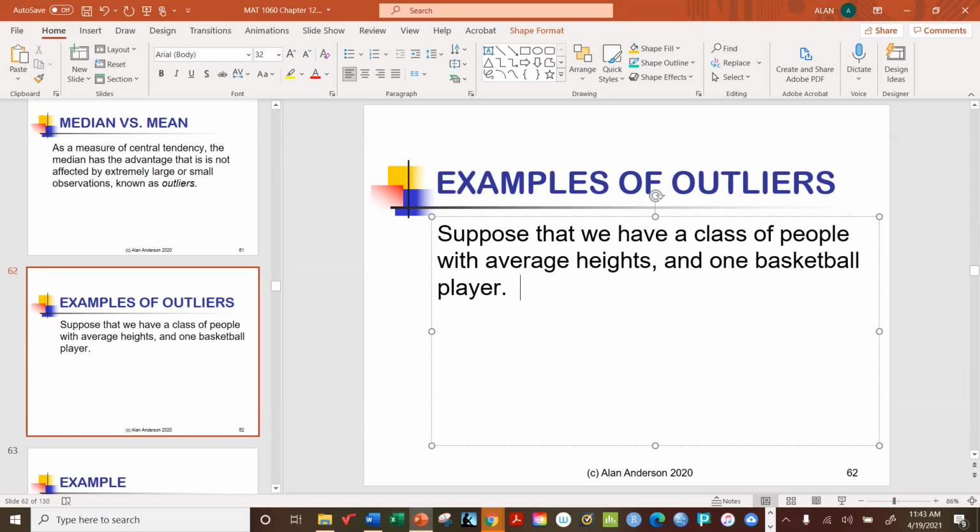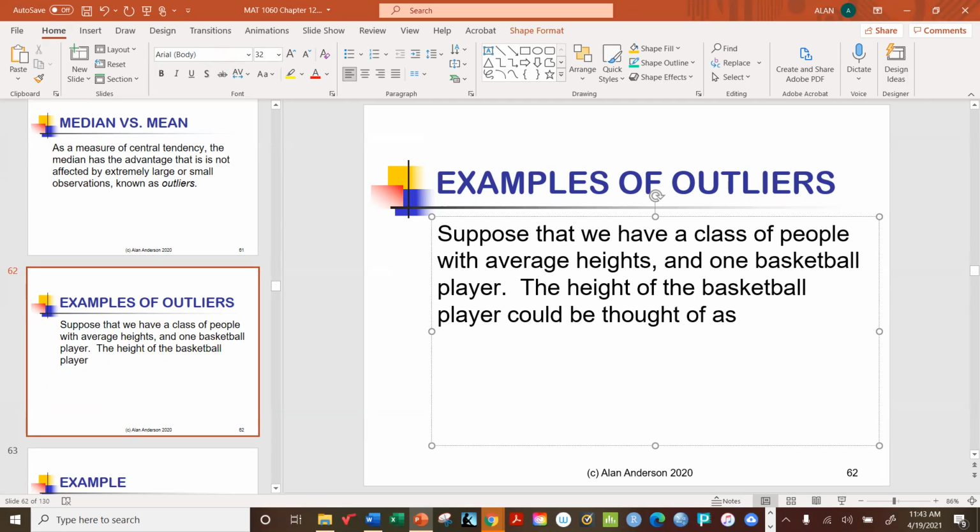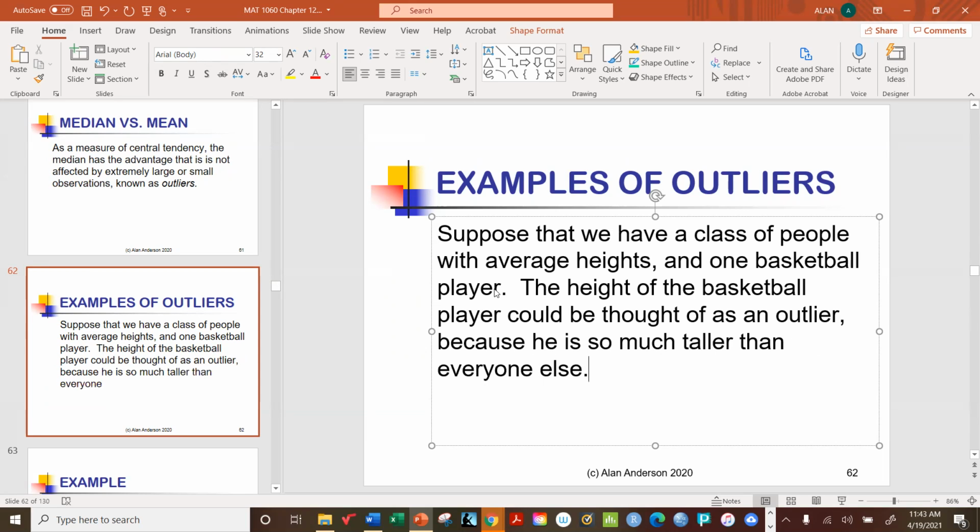So you've got a regular group of people, just average height, and all of a sudden there's that one basketball player in the room. The height of the basketball player could be thought of as an outlier because he is so much taller than everyone else.